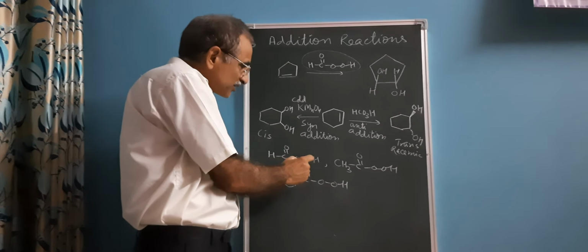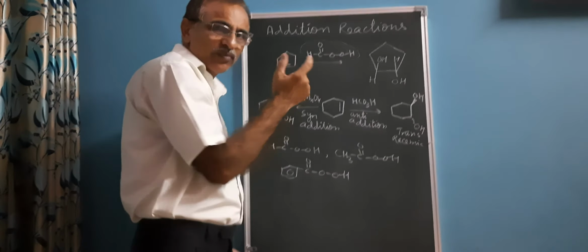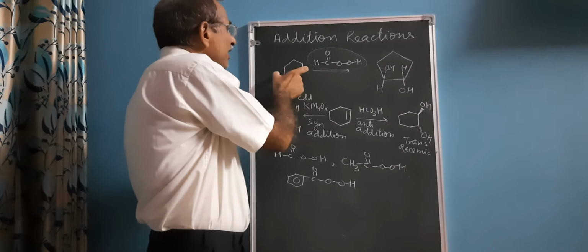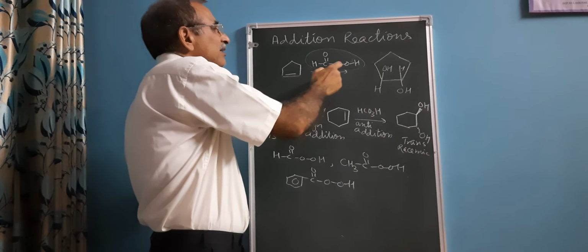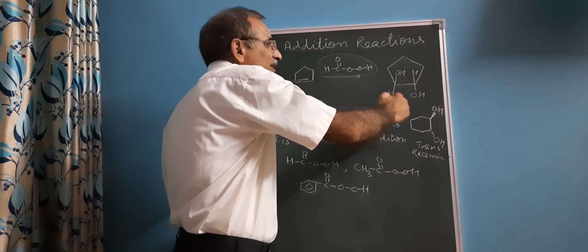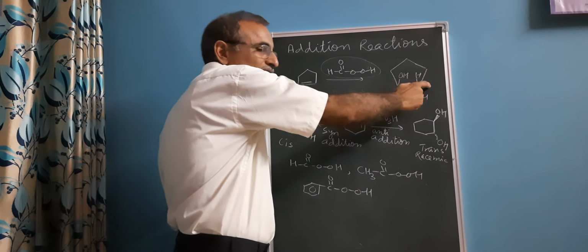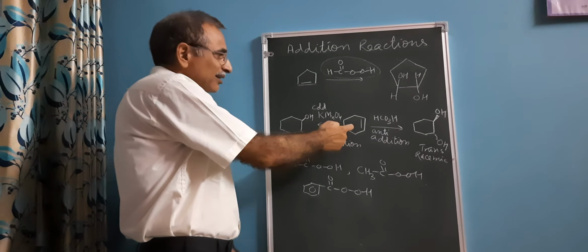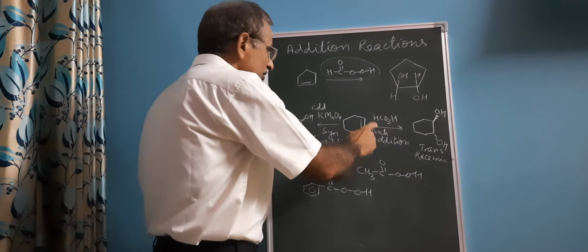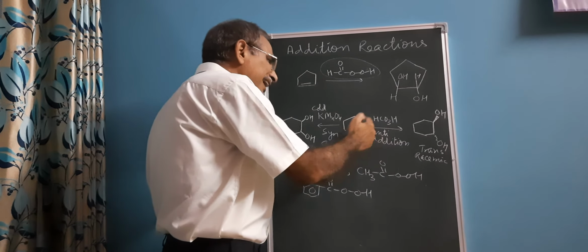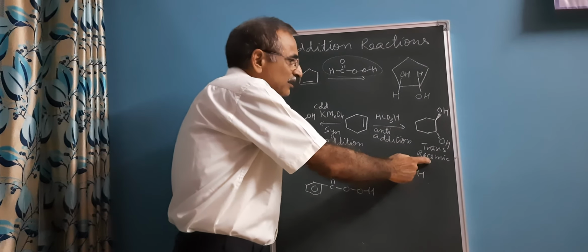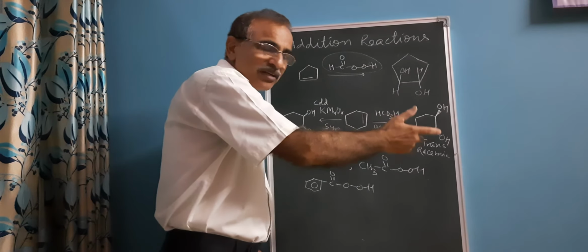Because of the peroxide linkage, they are capable of forming free radicals, and due to which whenever this reaction takes place in cyclopentene, it is able to form a trans product. Again, in case of cyclohexene, if performic acid and anti-addition take place, that results in formation of the trans product as well as a racemic mixture.